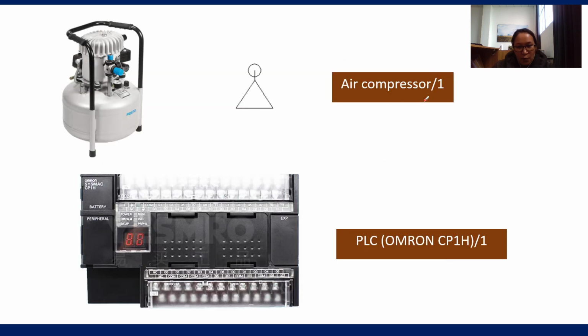Then we must have one air compressor to provide the compressed air, and we need one PLC. The type of the PLC is OMRON CP1H.